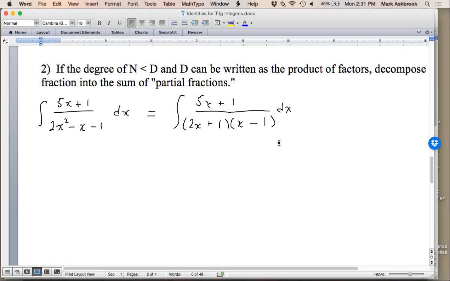So it's like the reverse process of adding or subtracting fractions. Okay, so we want to rewrite this as something over 2x plus 1 plus something over x minus 1.